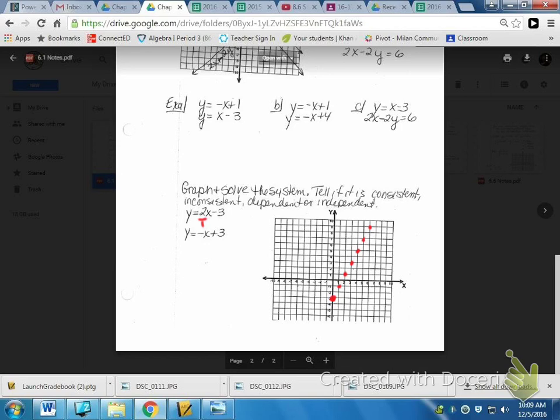And maybe even fall 2 and go 1 to the left, because the more points you have, the more accurate your line's going to be. Now, I have a line tool on here that I'm going to use, or else I would definitely say you have to use a straight edge. Okay, there's no way around that.